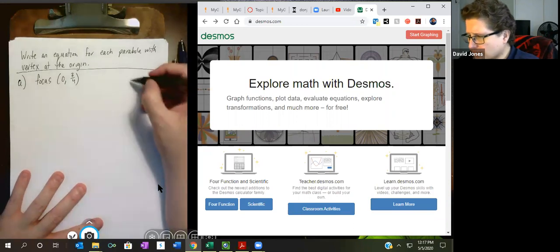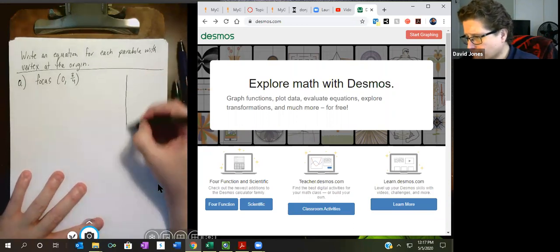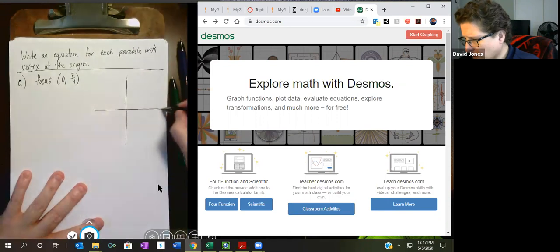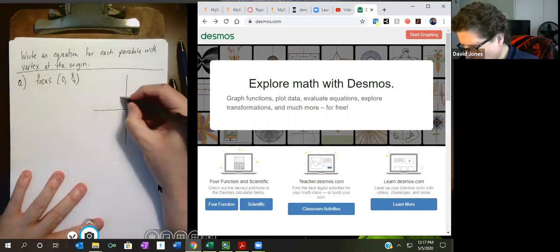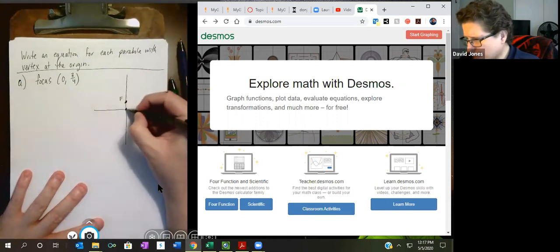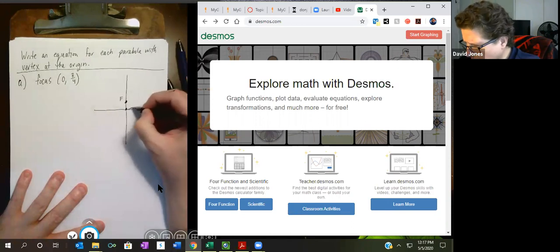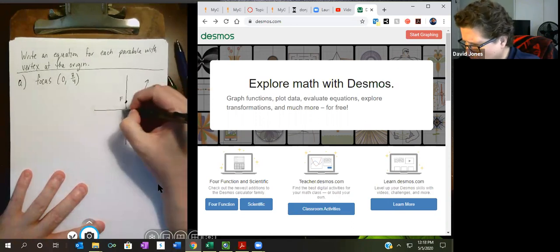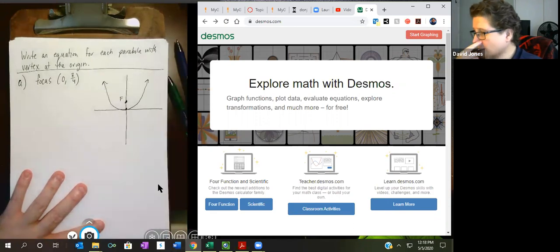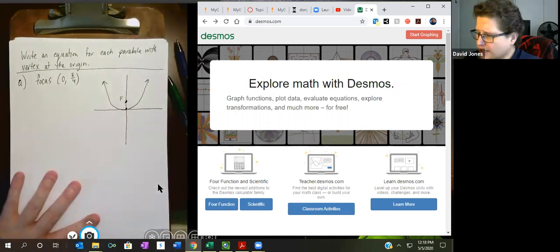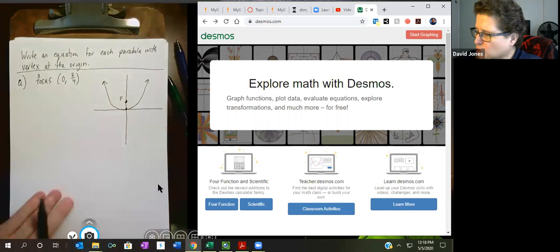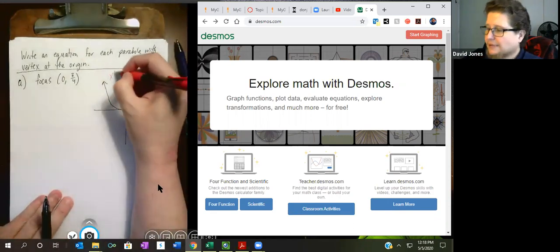So if it helps, sketch a little picture. My focus is there, my vertex is here. The parabola opens towards the focus point. So we know it's going upwards. This tells me that the squared term is x.